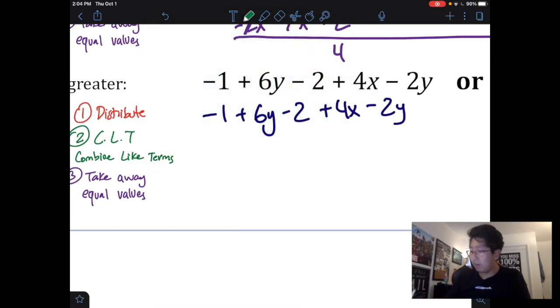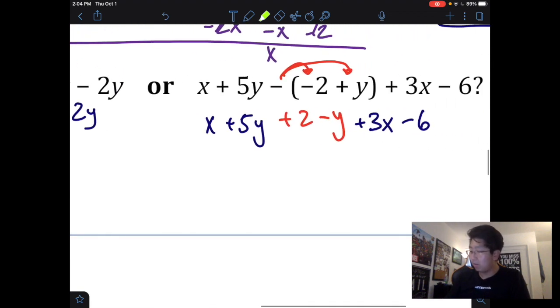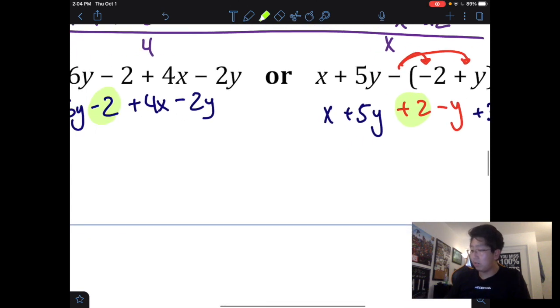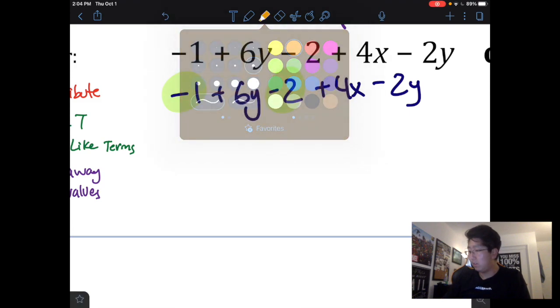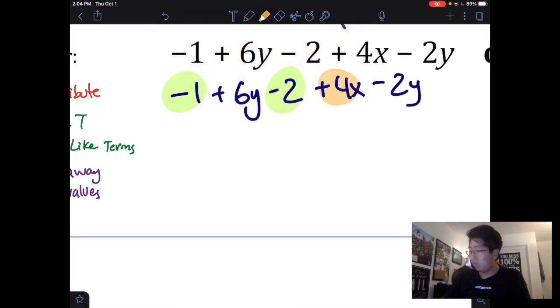Second step is combine like terms. Let's go ahead and highlight all the like terms. Go ahead and do the numbers here. Minus, plus 2, minus 6. 4y. Are there any more y's? 4x. Are there any more x's?